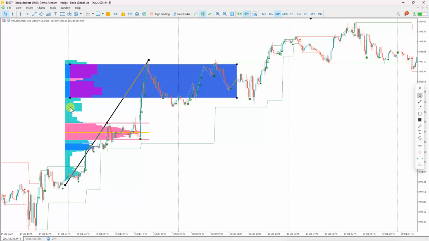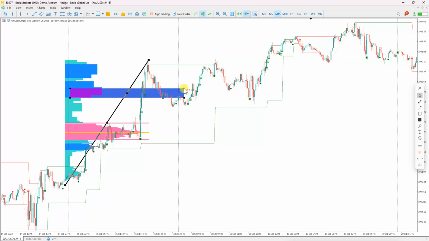And the price went lower to the low volume node, colored in light blue, turquoise, and then price went back inside the high value nodes, and we have a break of structure here.